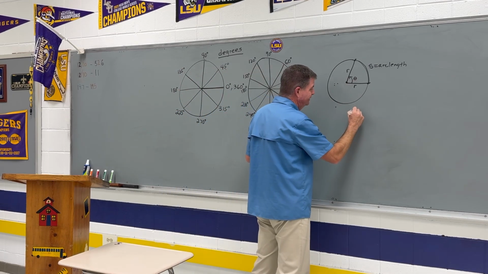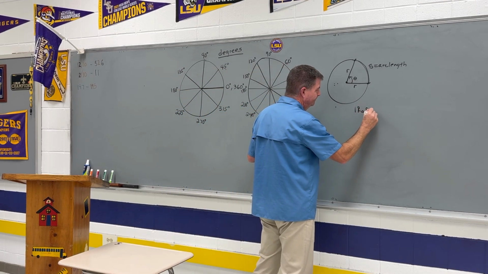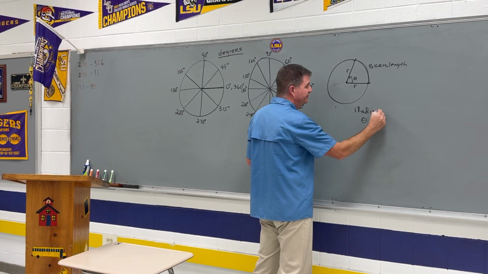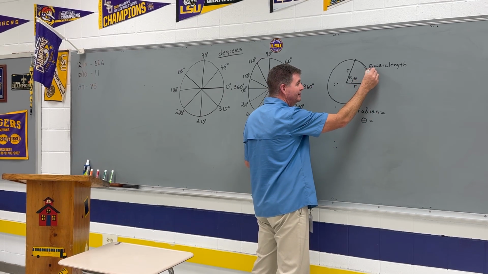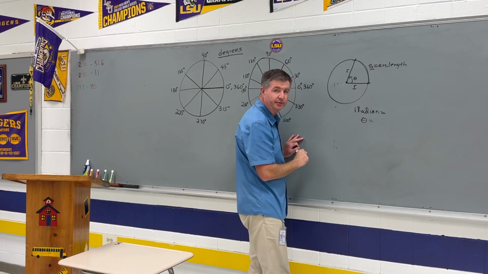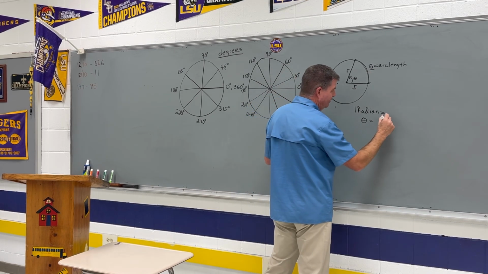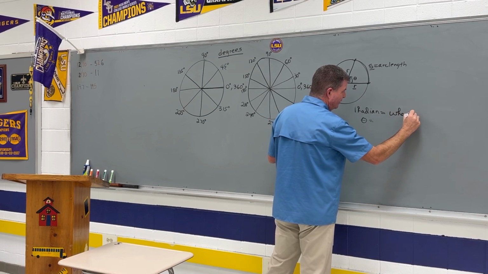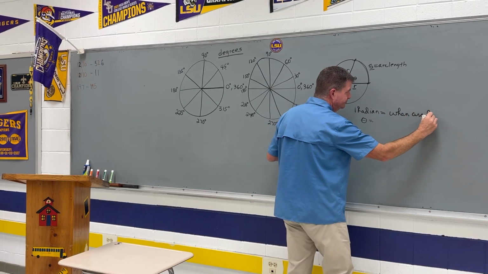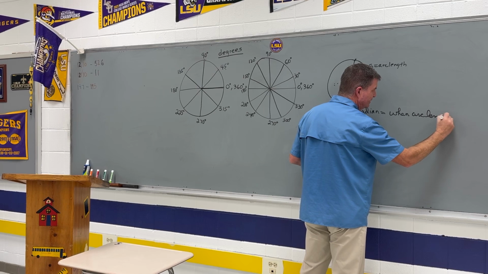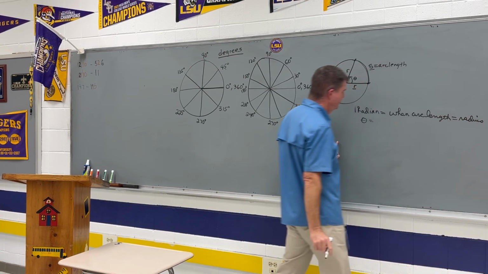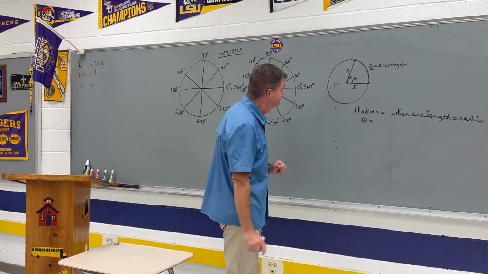It's not the whole circumference. This radian, or theta, occurs when the arc length is equal to the radius. So 1 radian occurs when the arc length equals the radius.